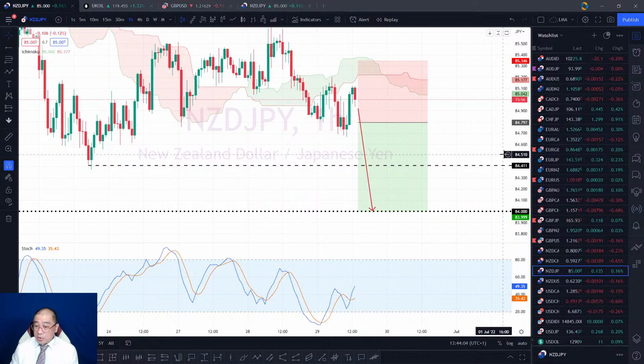Yeah, potentially it could go for the correction towards 84, but we are looking at the bottom side of the range. Before 84, we got 84.50, we got 84.75. There's a lot of support here with New Zealand yen. So is it going to go to 84 in one go? I doubt it, but who knows, right? So that's just my opinion.